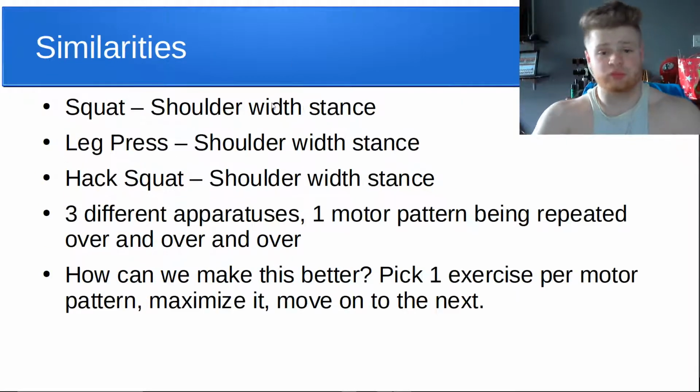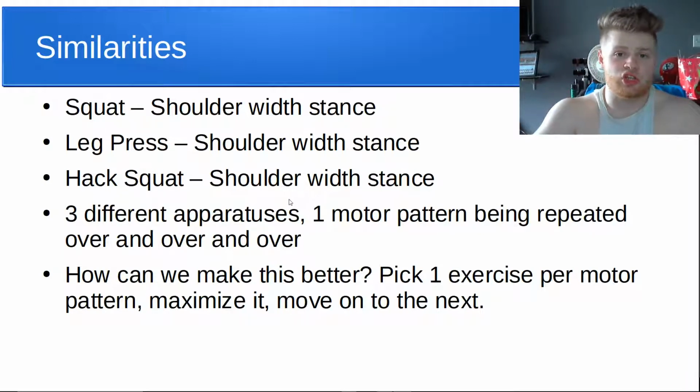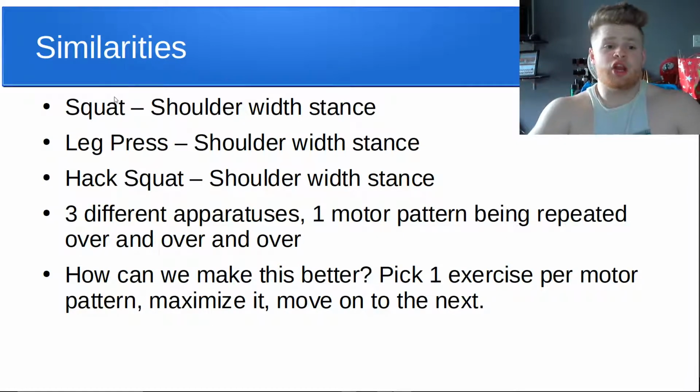All three of these movements, more than likely, are going to be using a shoulder width stance. For squatting, it's obviously very common to take a shoulder width stance. For leg press, it's just as common to take a normal width stance, maybe slightly narrower, and then hack squats as well. So what does this mean? We are doing three different movements, and all three of them are doing the same thing.